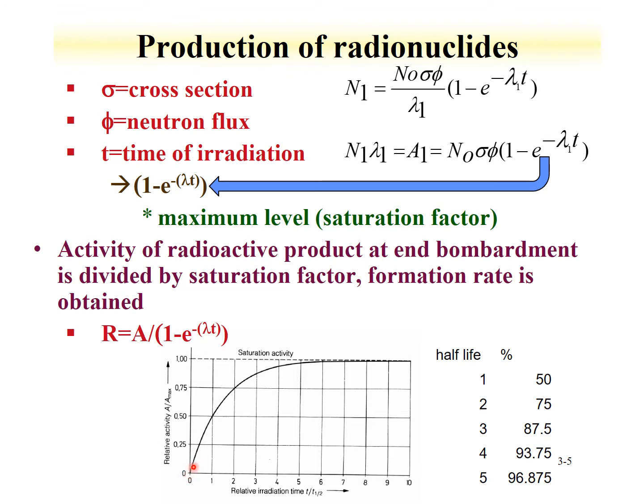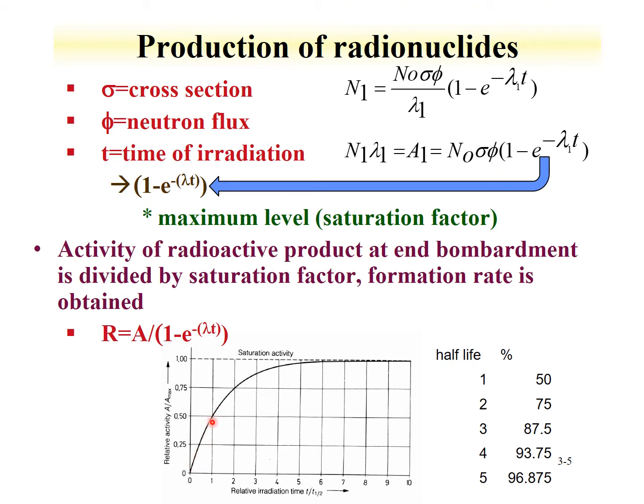So in other words, as one continues to irradiate, if I look at the number of half-lives of the daughter and compare that to the irradiation time, I reach a level where longer irradiations do not produce more material. This is because, let's say within one half-life, it's fairly linear.